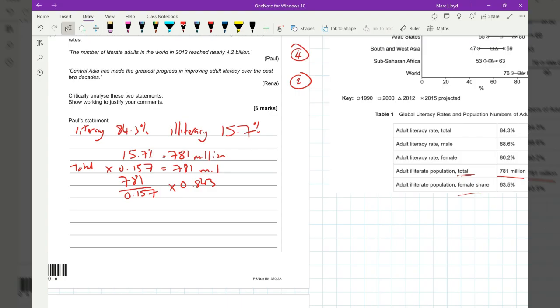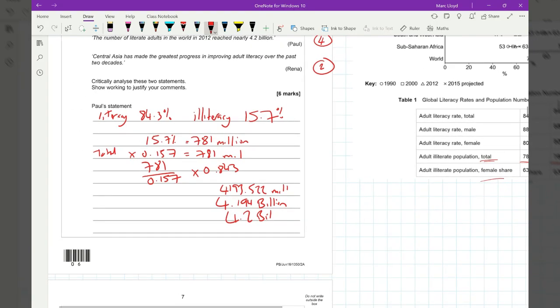So let's get this done. 781, calculator, switch on. 781 divided by 0.157 and then multiply by 0.843. And the value I've got out there is 4193.522 million, which is 4.194 billion. Now, if we round that to 1 decimal place, we get 4.2 billion.